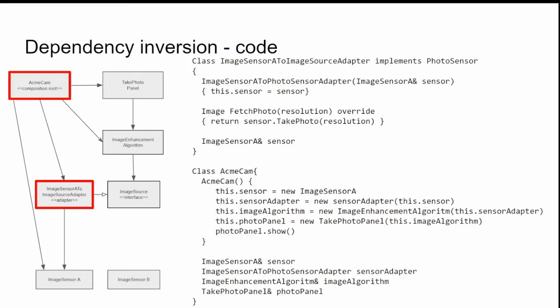If it is an adapter, it doesn't really matter for it. But actually, in this case, at the product level, it really matters. And now we are injecting the adapter into the image algorithm, and then the rest is as it used to be. So there is nothing new here.